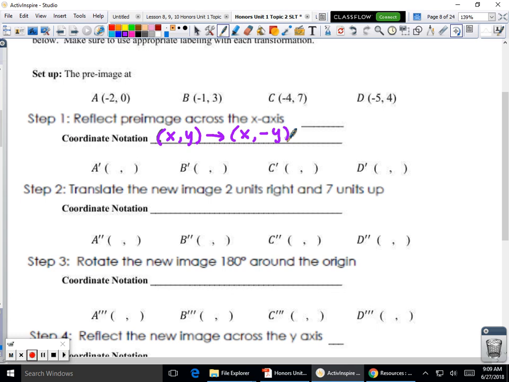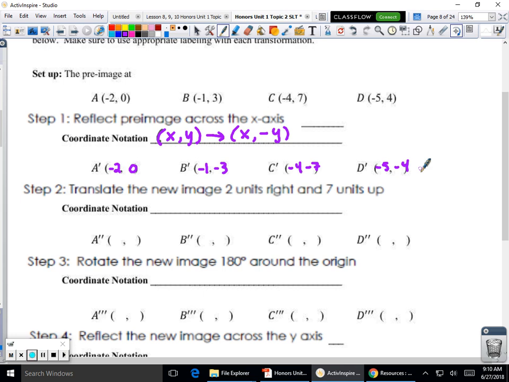So our new image, here's our pre-image, our image is going to be the x stayed the same, and the y became opposite. 0 doesn't have an opposite. All right, -1 stayed the same, 3 became its opposite. -4 stayed the same, 7 became its opposite. All right, -5, 4 became opposite. Okay. So that would be our first step.